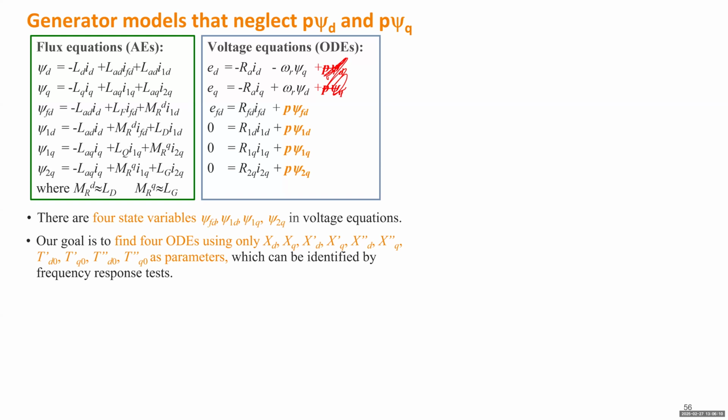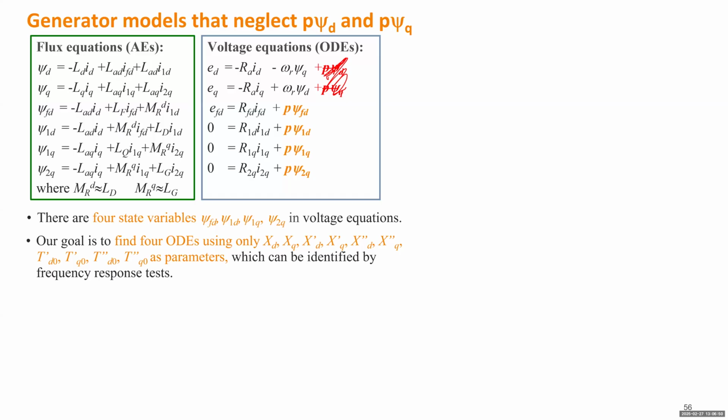Earlier, if you take a look at all the parameters in the flux linkage equation and voltage equation, they are inductances and mutual and self-inductances, but it's not very clear which one falls into which time constant, which one is associated with transient dynamics, and which one indicates faster dynamics. But the ones we derived in the previous lecture, like Xd, Xq, Xd prime, Xq prime, and double prime, and also T single prime and T double prime, clearly indicate which is associated with subtransient dynamics and which with transient dynamics.